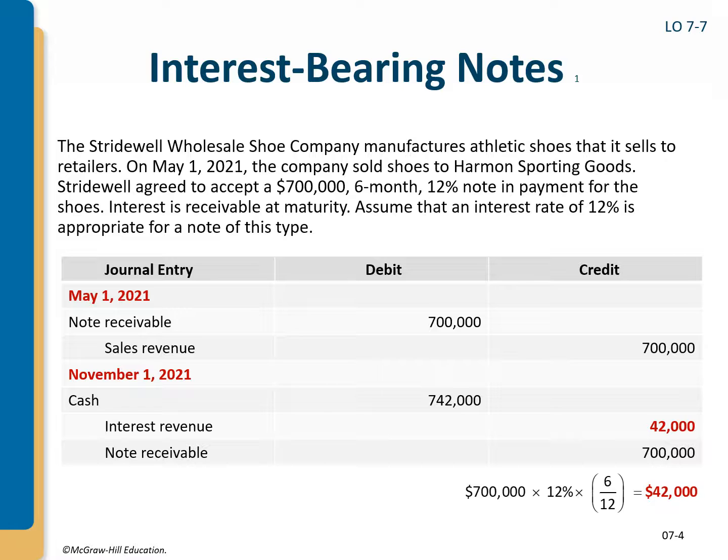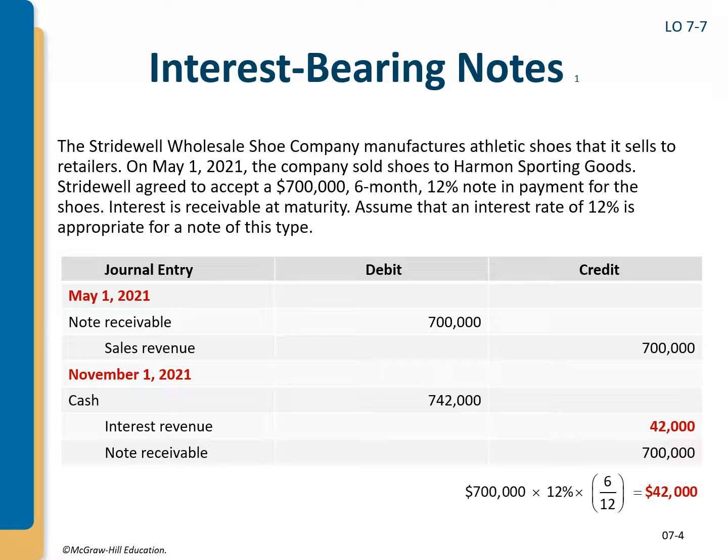On November 1st, 6 months later, they will receive their $700,000 back and 6 months worth of interest. You could see the calculation at the bottom. The face amount, $700,000, times the annual interest rate of 12%. Since we only need to determine interest for 6 of 12 months, our fraction is 6/12.